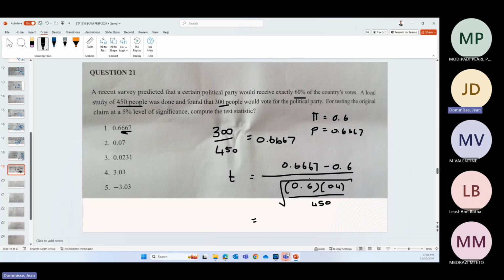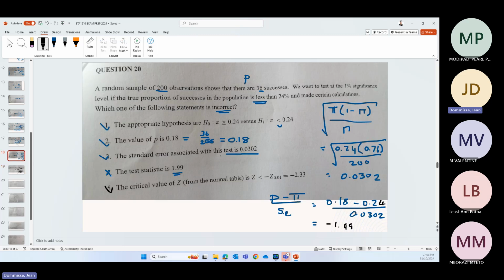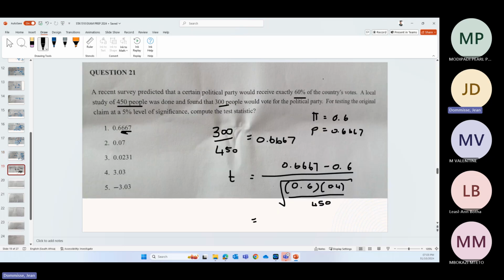For testing the original claim at the 5% level. Okay, so I would have said that is my null hypothesis. So I would have said that is exactly the 0.6 would have been, well, sorry, not equal to.